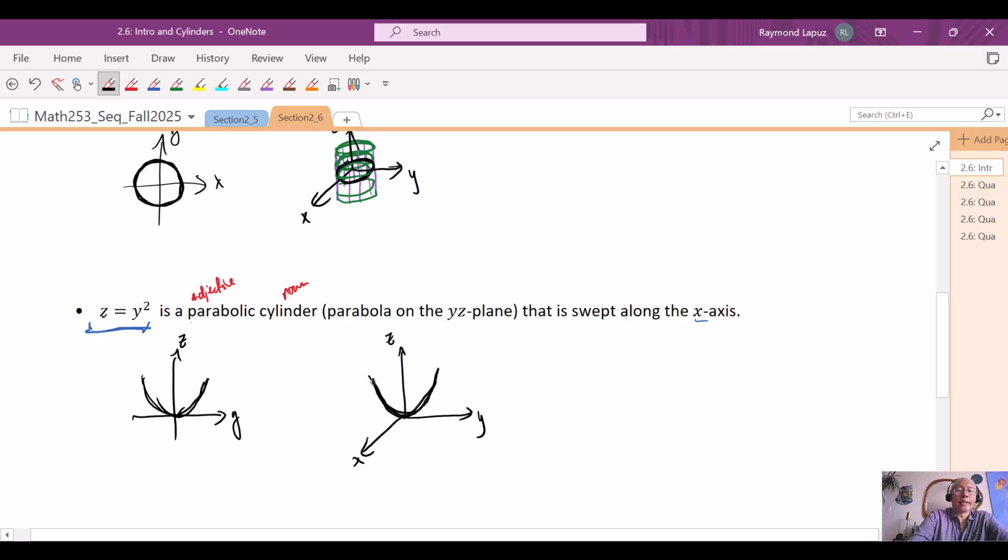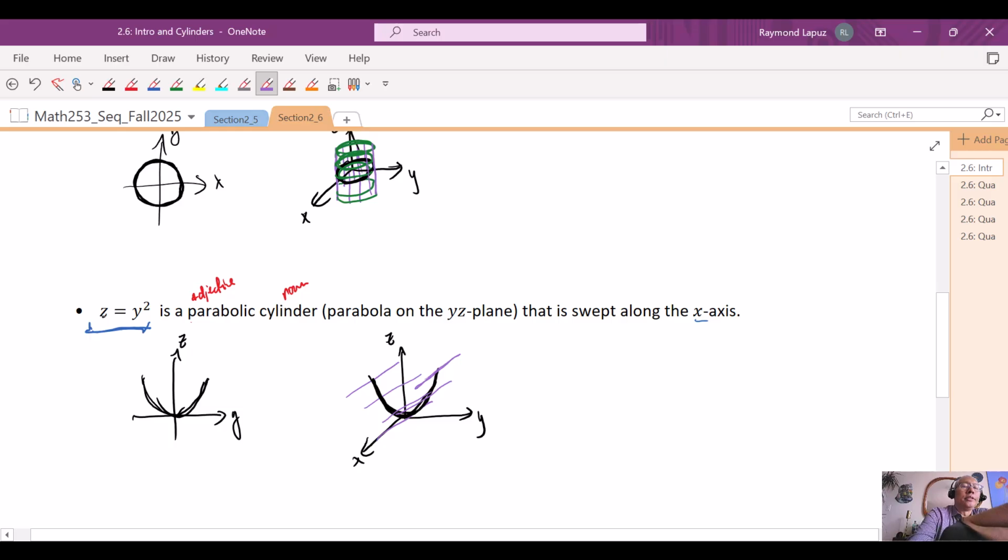If I was looking at it sideways, I might have it skewed a little bit. In any case, I would draw the rulings. The rulings would be running along the missing axis, so running along the x-axis, I would draw lines parallel to the x-axis up along the top and throughout this parabolic shape.